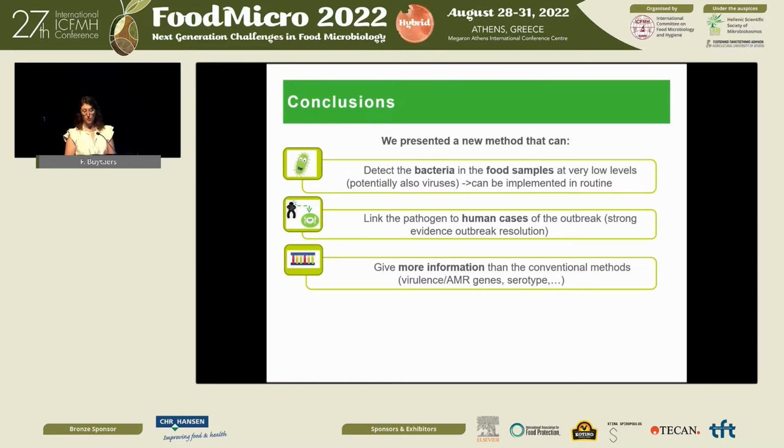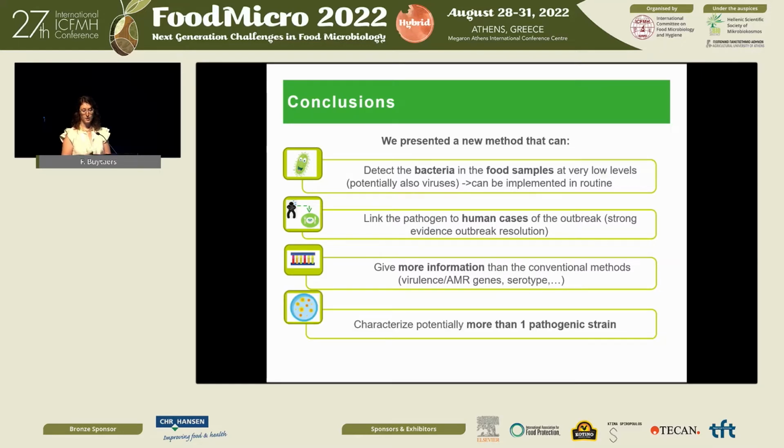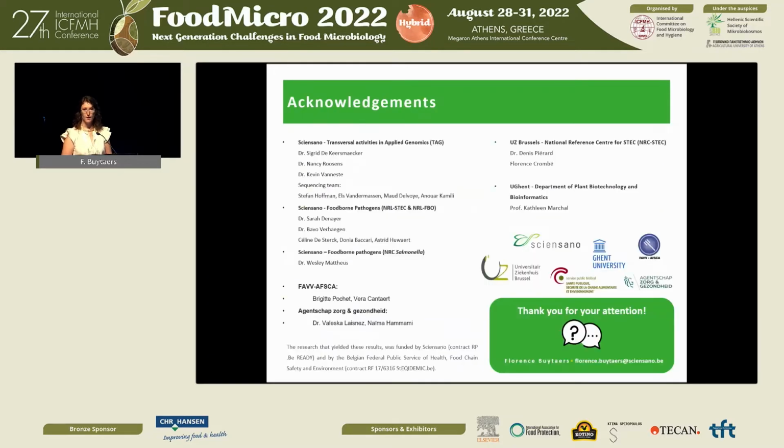We give more or the same information as the conventional methods: the detection of virulence genes, AMR genes, the serotype. We can potentially characterize more than 1 pathogenic strain in a sample, and we can go faster and avoid the isolation step. So I want to thank everyone who participated in these different projects and made it possible, and thank you for your attention.